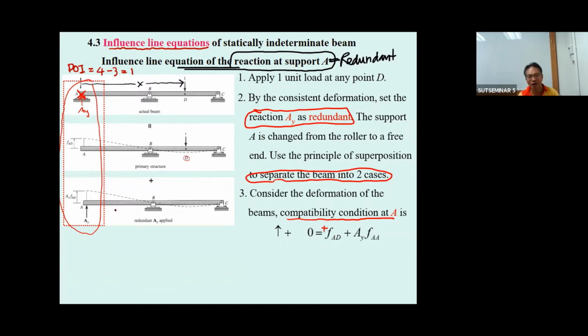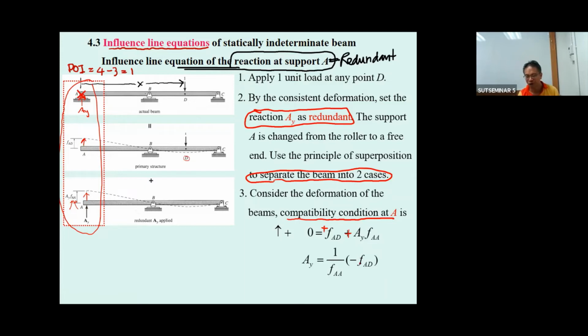Okay, and also this one is going to be the deflection of A sub y times F sub AA, the deflection at point A due to the unit point load at A. Okay, so you multiply A sub y, and it is moving up the same as this one. So this one is positive. You rearrange it, you get it.